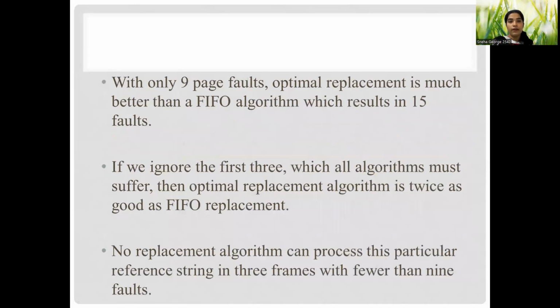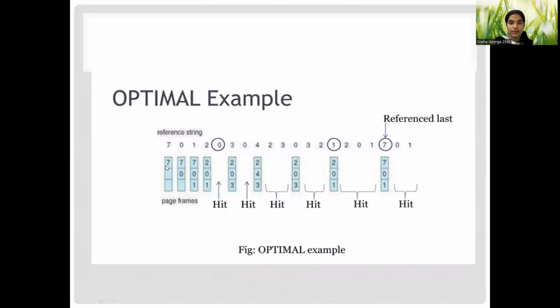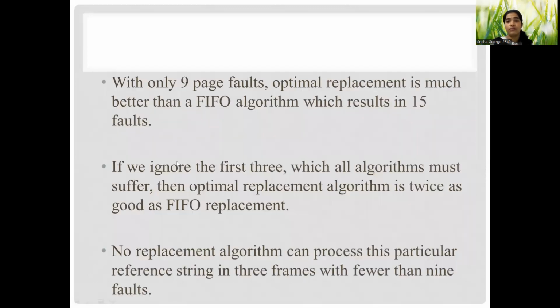So if we first ignore the first 3, see, this is the first 3. This is likely to be common for all the algorithms, because once the memory is empty, you will have to load it. So considering all these examples with 3 frames, if you ignore the first 3 cases, which all algorithms will have to suffer, the optimal algorithm is twice as good as the FIFO replacement algorithm.